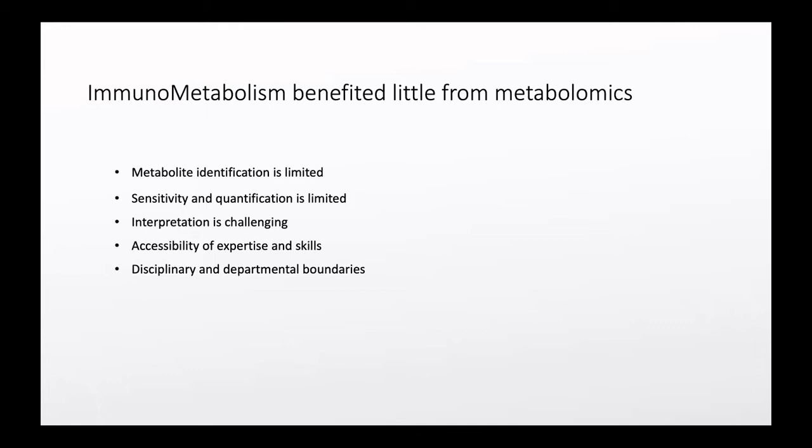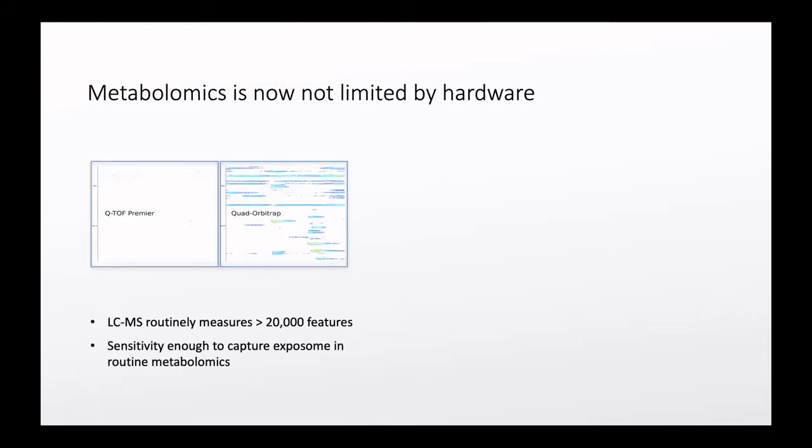Part of the reason is that metabolomics quite often comes from analytical chemistry. So if you have to talk to somebody across campus in a different building, quite often you don't really know what they are doing and you don't know what can be achieved. With all this, the field of metabolomics actually progressed a lot in the past 10 years.